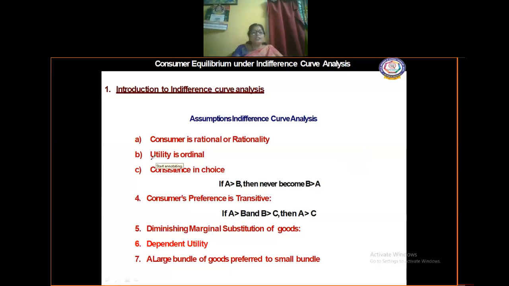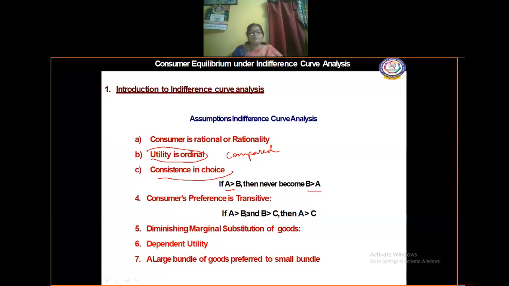The utility is ordinal according to the assumption. The utility is ordinal. That means the utility can be compared only. It is not cardinal. Now, consistency in choice is maintaining the choice. He never skips it. So, A is maintained with B and B is maintained with A. So, it is just consistent.